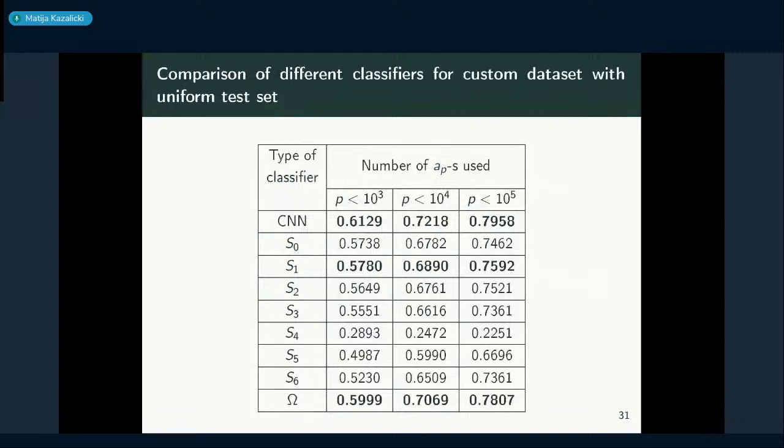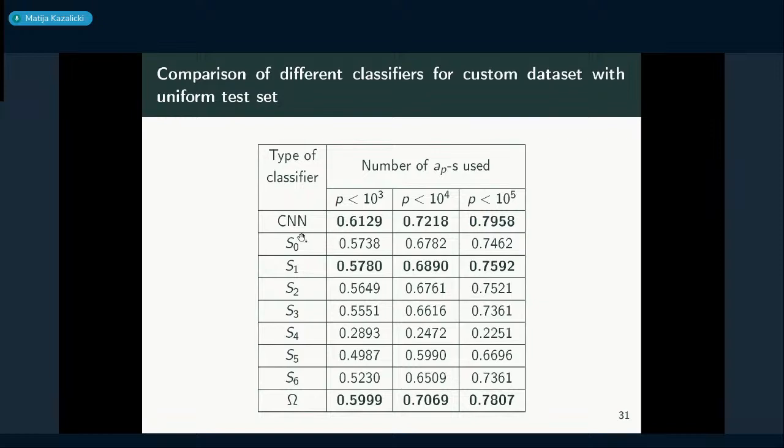Okay, so now we'll take a look at the custom dataset. Here, expectedly, since we have curves up to conductor 10^30, the results are much worse. In this uniform test mode, we see that the CNN is still performing better than the other models, but here the differences are not that great.